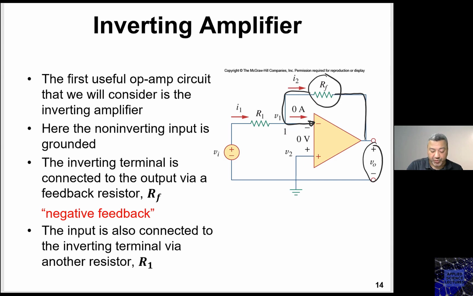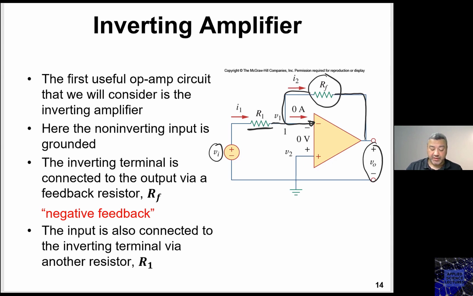And then from this point, I have the voltage VI connected through the resistor R1. And then the non-inverting input is connected to the ground.